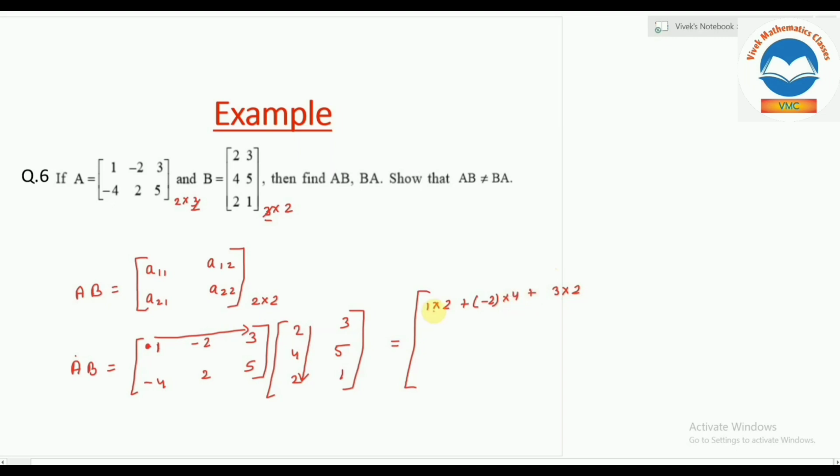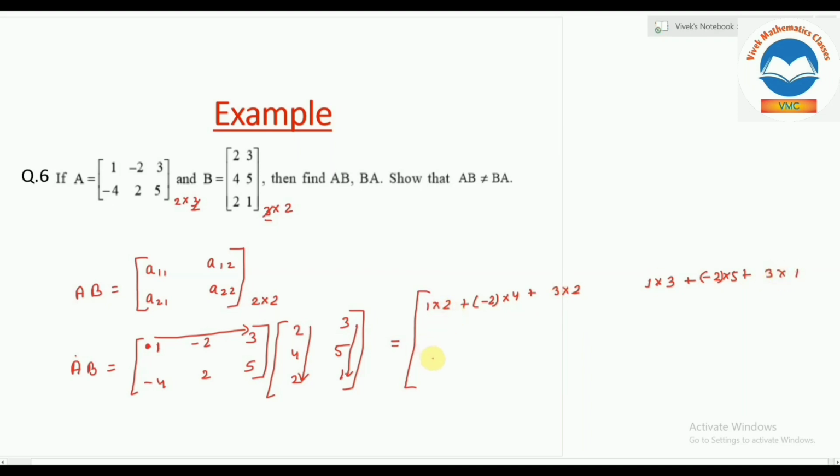Next A12. It means first row and second column. So multiply this, you will get A12: 1 into 3 plus minus 2 into 5, next plus 3 into 1.